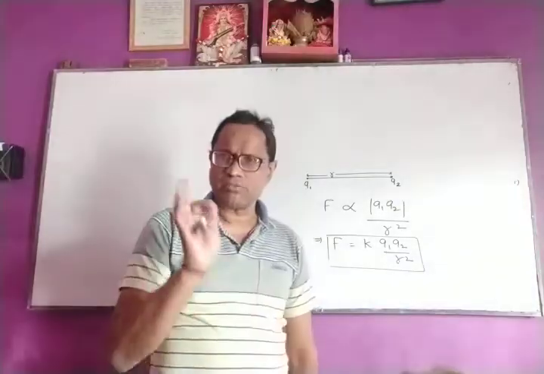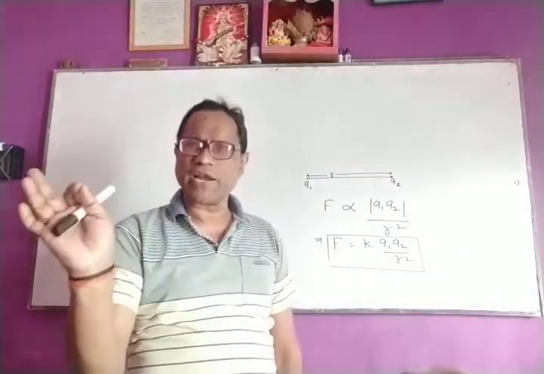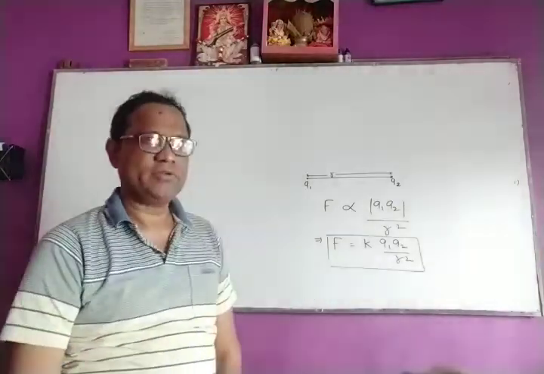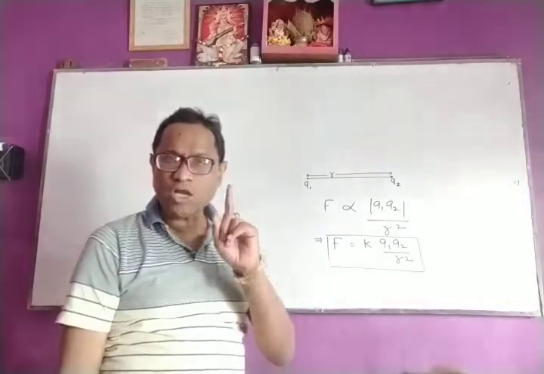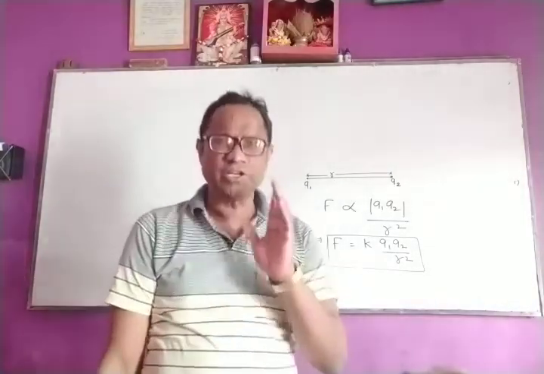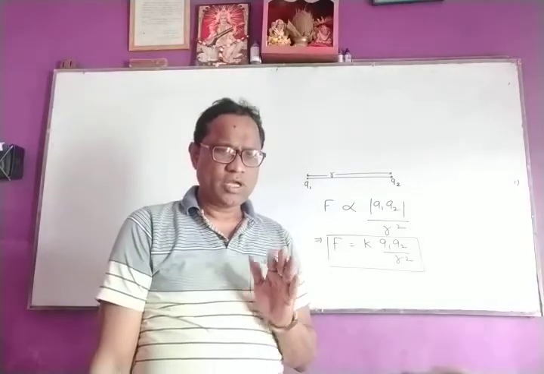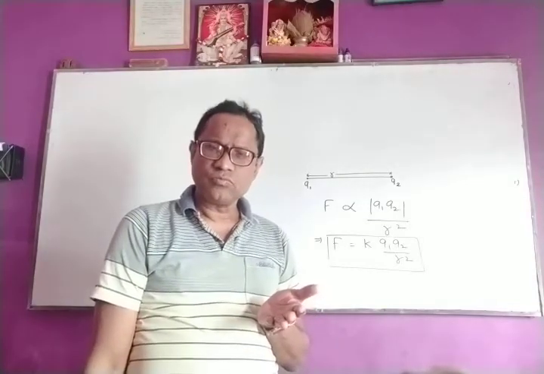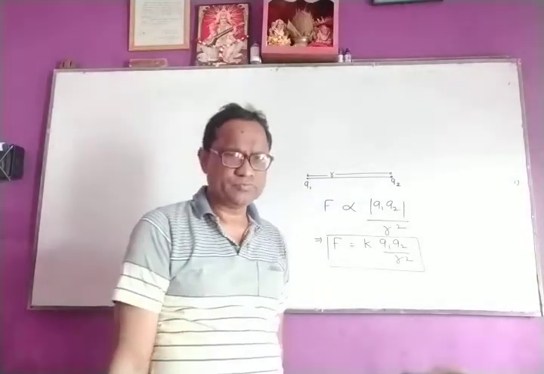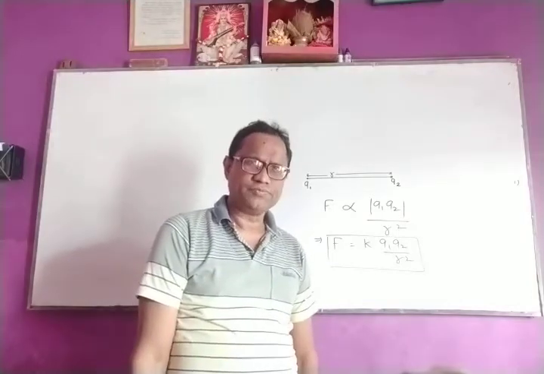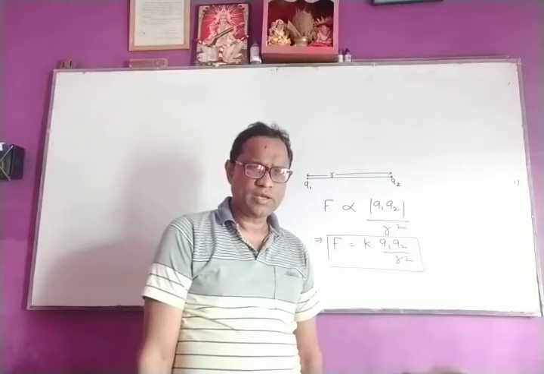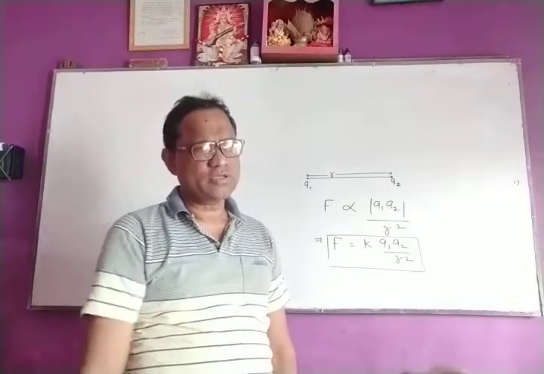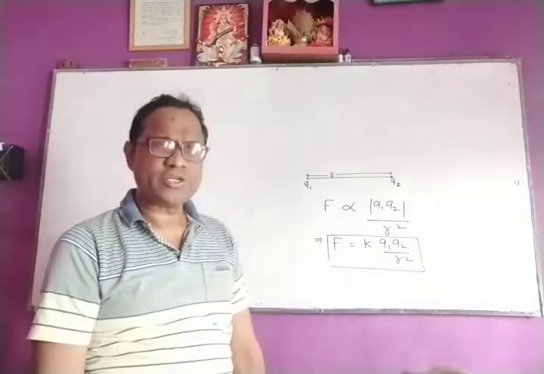F is equal to small k Q1 Q2 by R square, where small k is the constant of proportionality called Coulomb's constant. Clear? That is also known as the electrostatic force constant.